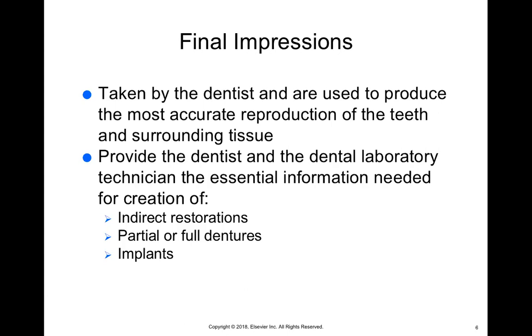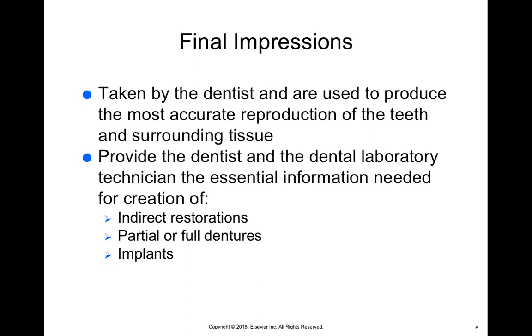restorations. So again, who can tell me what are some indirect restorations that we can create for patients? That'd be veneers. Mm-hmm. Crowns, bridges, veneers, those are types of indirect restorations, yes.